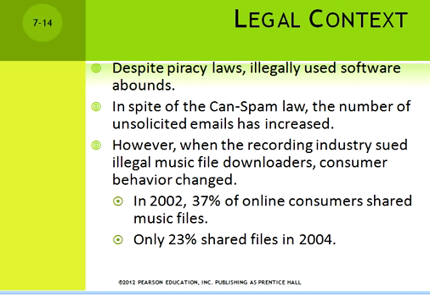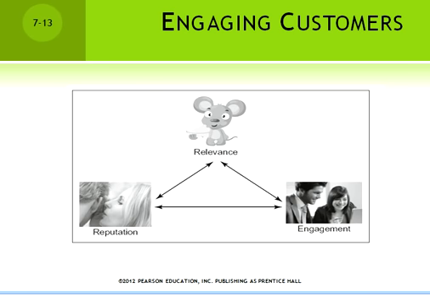Apart from the technological context, the other one is the legal context. Now, of course, sorry, before I move further, let's talk about relevance. How relevant is the information for the target customer and how engaged can you keep the customer? And that's what the online process is. If the customers come to your website for the first time and they just like the flash and all those things, next time they would come back and say, what next?